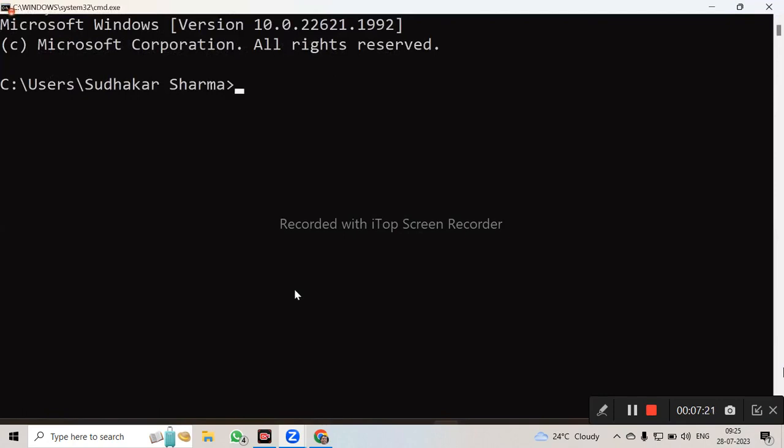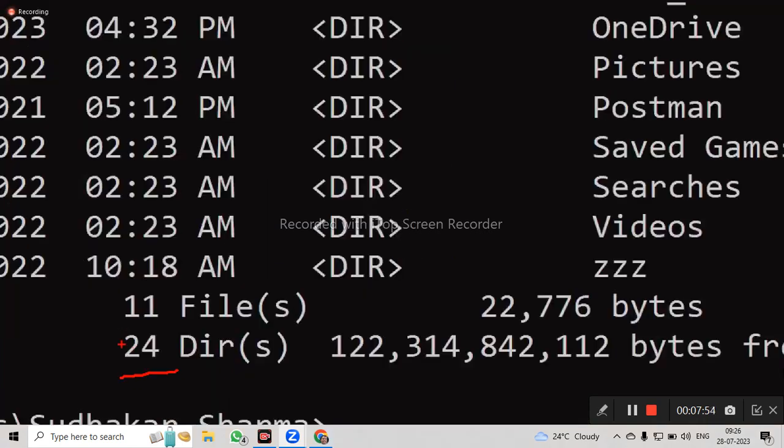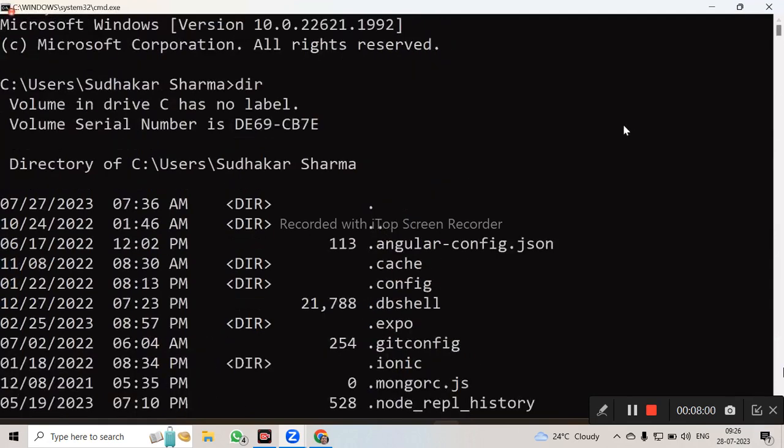In this command prompt, I want to see the list of files in this location. There is a command called dir. If I use this command, it will show the disk information, the list of all files and directories. Almost 24 directories and 11 files are present. I want only the files and directories which start with the S character.